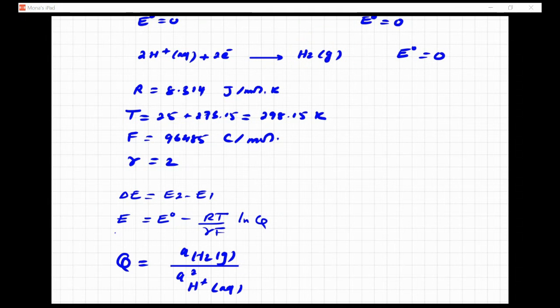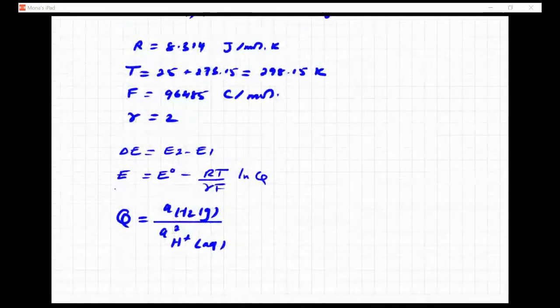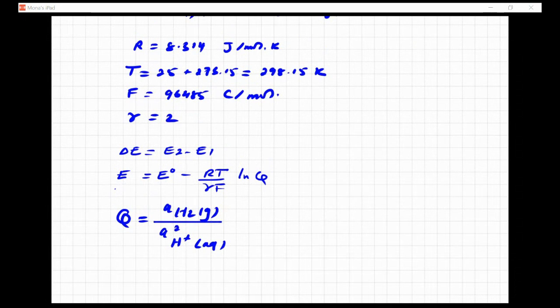So our quotient is equal to the activity of H2 gas divided by the activity of H plus aqueous squared. Now the activity of H2 gas is equal to the partial pressure of H2 gas divided by the standard pressure, which we said is equal to 1 bar.